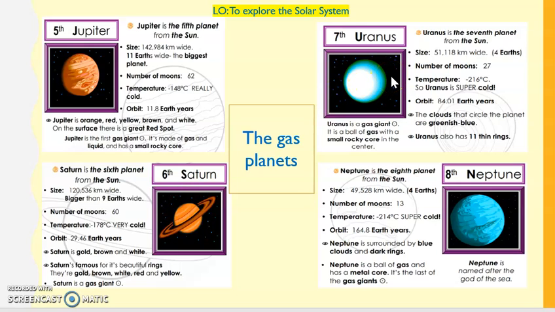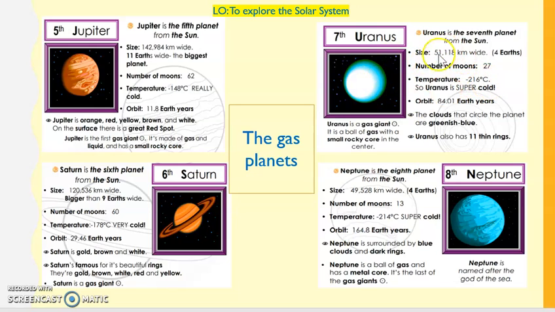And the 7th planet from the Sun is Uranus. Uranus is 51,118 kilometers wide. Uranus has 27 moons and is super cold. So its temperature is about minus 216 degrees centigrade.